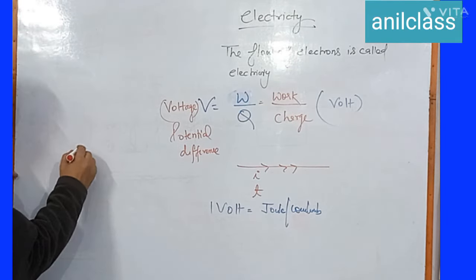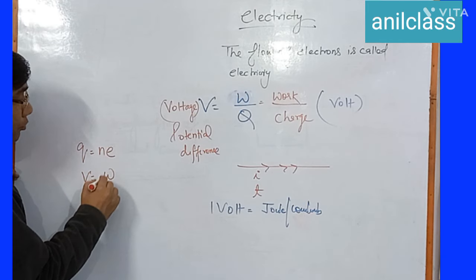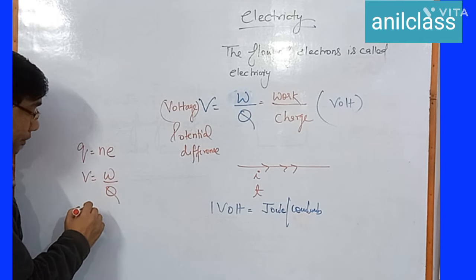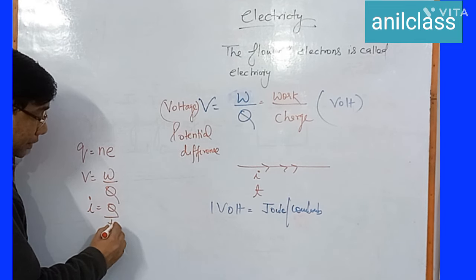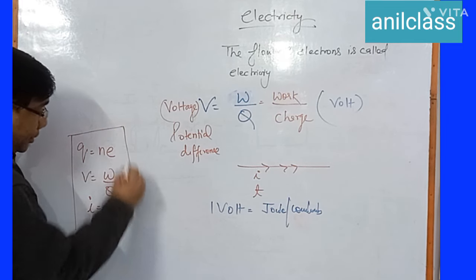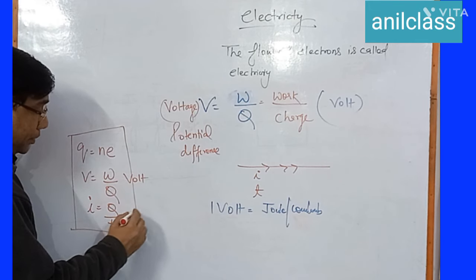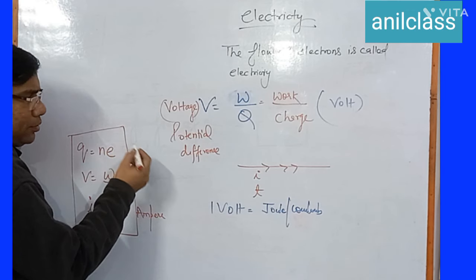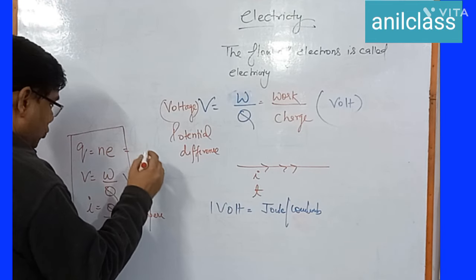Now you get the values: Q is equal to Ne, V is equal to W upon Q, and I is equal to Q upon t. Now you got the three formulas. The unit is volt, the unit is ampere, and the unit of charge is coulomb.